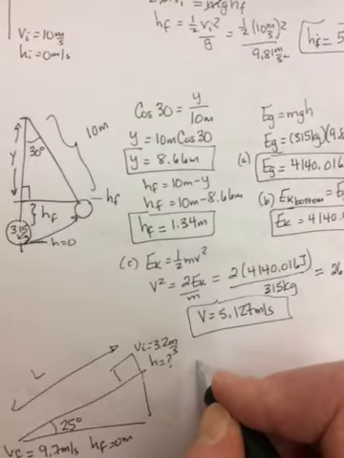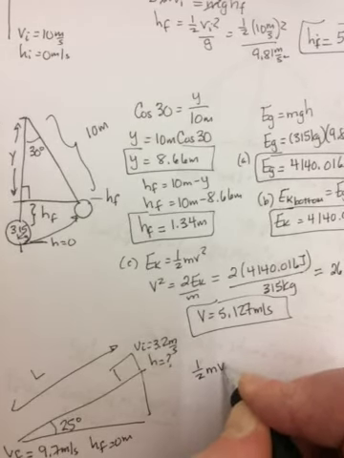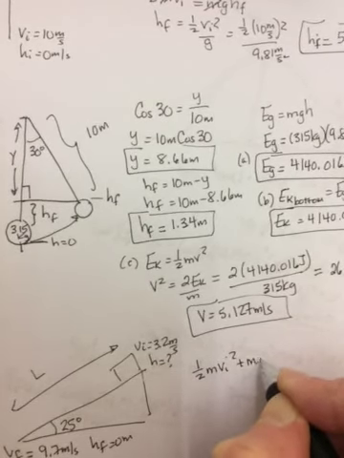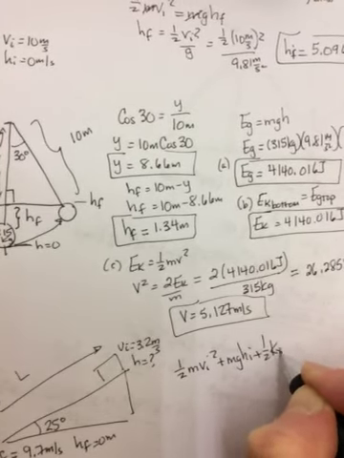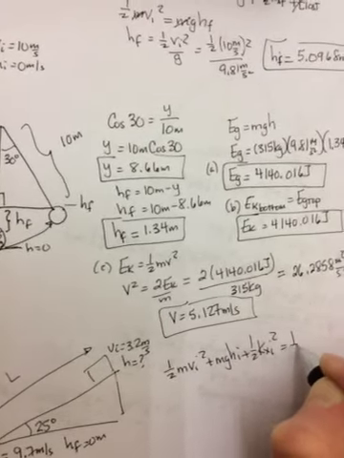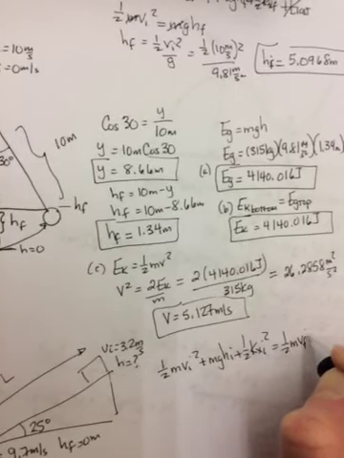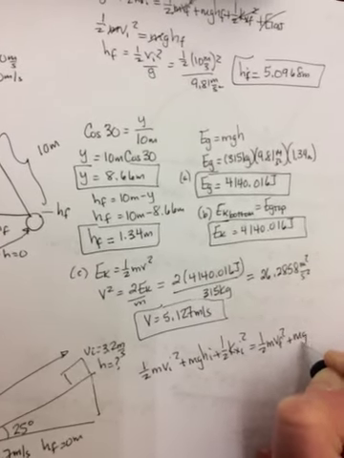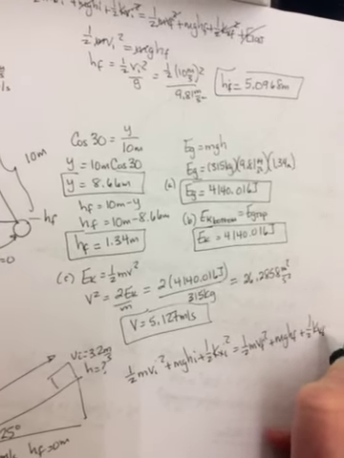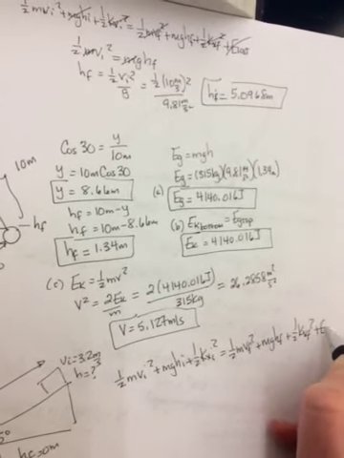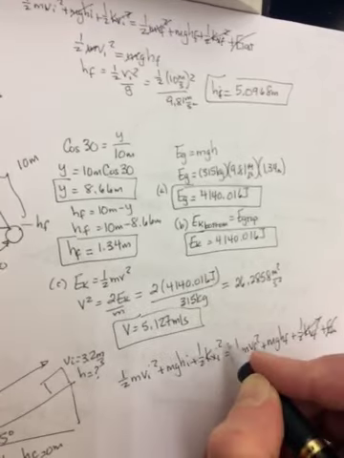So we're back to our big equation: 1/2 mv initial squared + mg h initial + 1/2 k x initial squared equals 1/2 mv final squared + mg h final + 1/2 k x final squared. Still no E lost, still no spring.